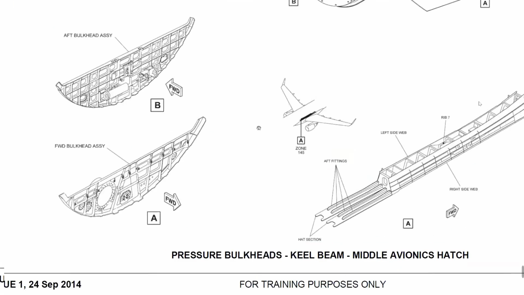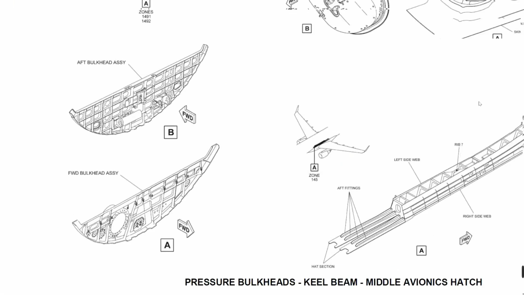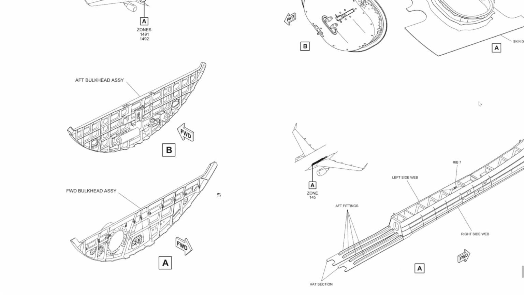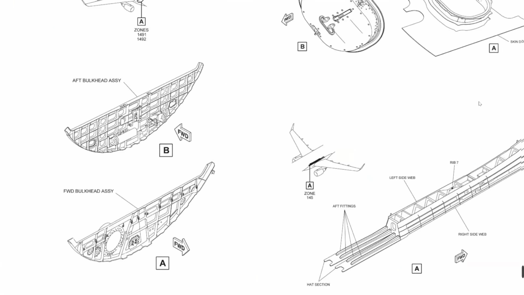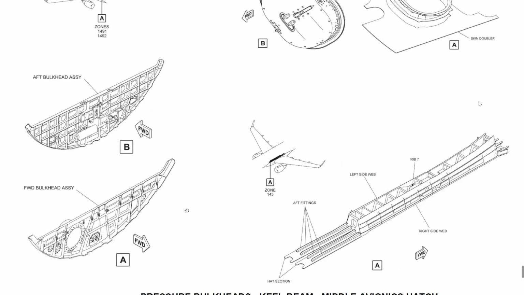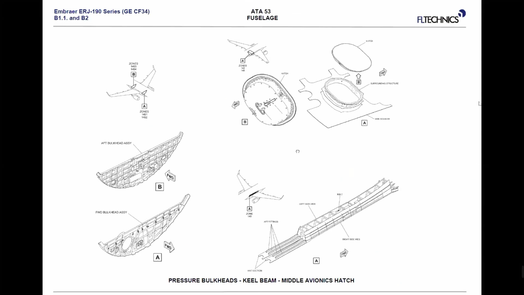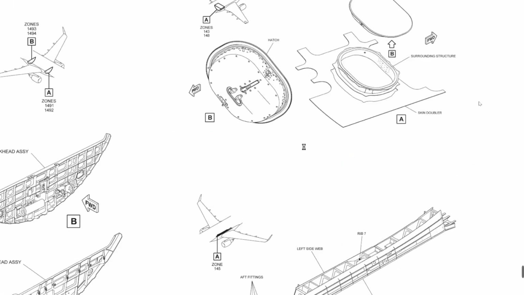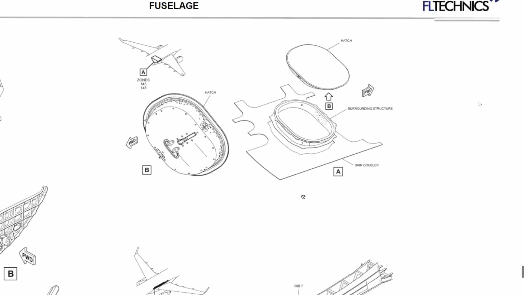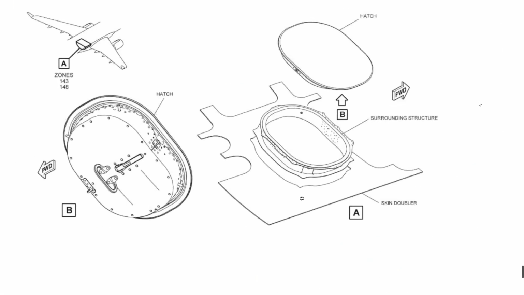These are our bulkhead assemblies, which are actually covering here and making the cabin pressurized, but not on the forward cabin and aft, but here near to the wheel well, in this center fuselage area. And in addition, because the door of the middle avionics compartment is also in this zone, as I told you, we have reinforcement here with skin doubler.